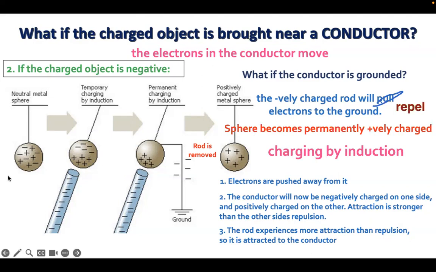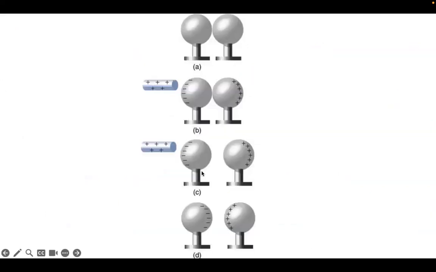Okay? Now, let's look at another cool example. We're about to finish. I have two metal spheres. They were neutral. They had a random distribution of charges. And now I bring a positively charged rod next to them. If you had one sphere, like in the previous example, you would have temporary charging, which is negative on one side, positive on the other side.